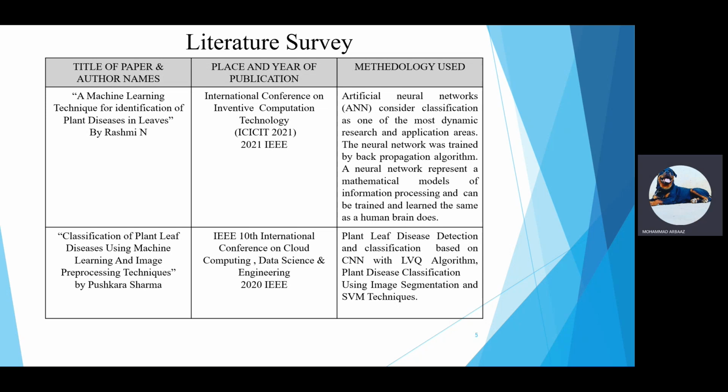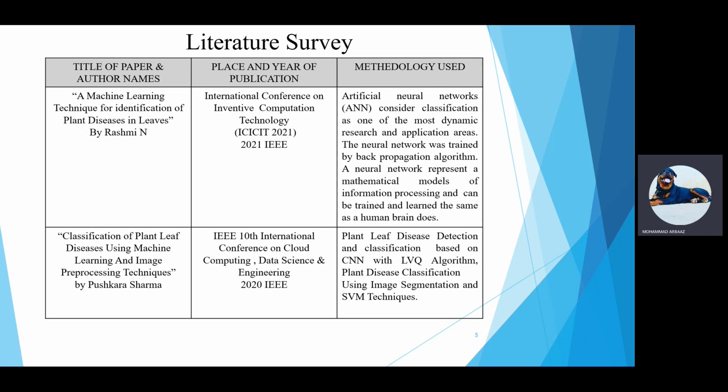The methodology used is artificial neural network, considered classification as one of the most dynamic research and application areas. The neural network was trained by a propagation algorithm. Neural networks represent a mathematical model of information processing and can be trained and can learn the same as the human brain does.